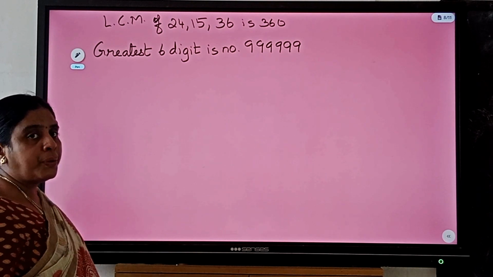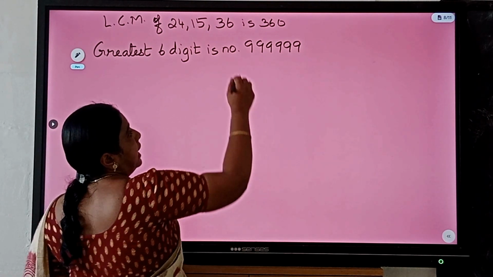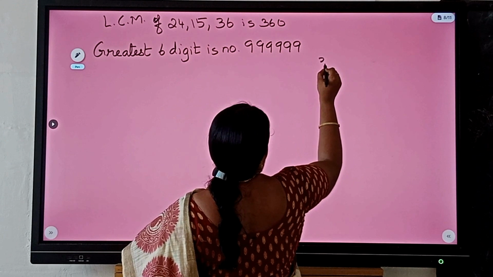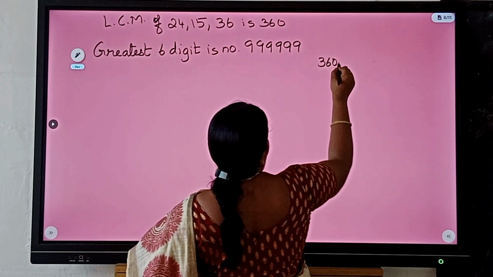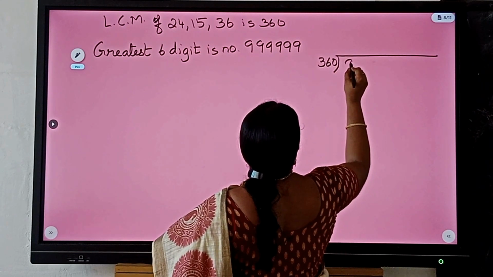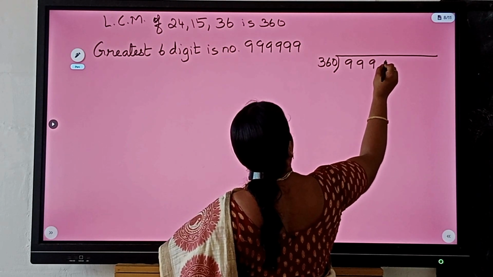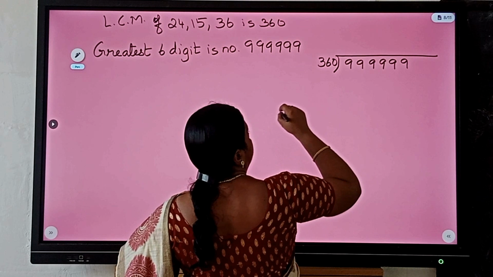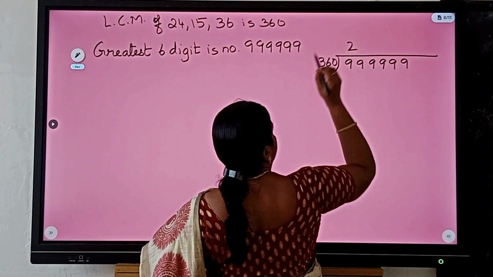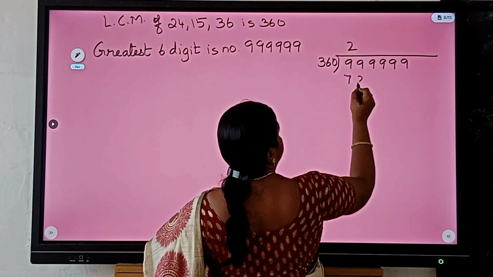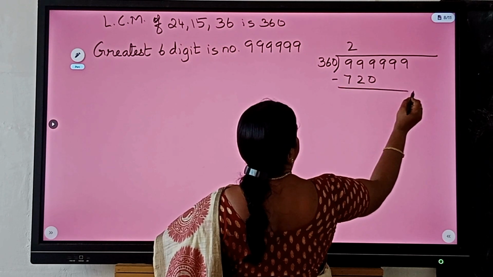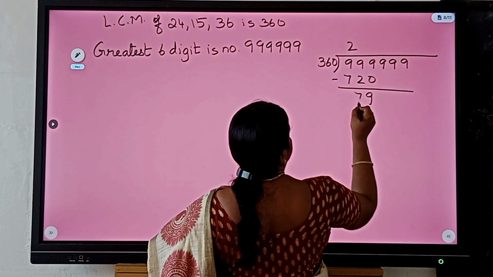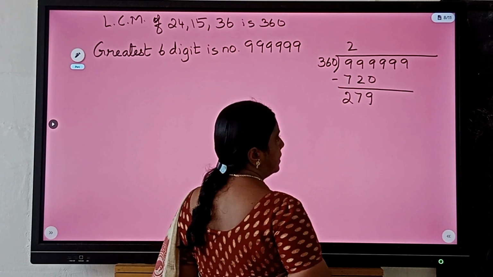Now I am going to divide this by the LCM, 360. So 999999 divided by 360. 2's are 720. When I subtract, I get 279.